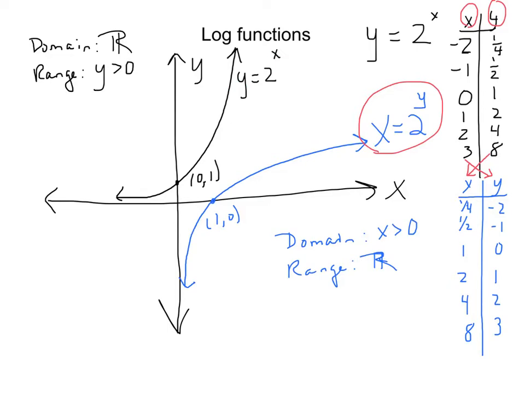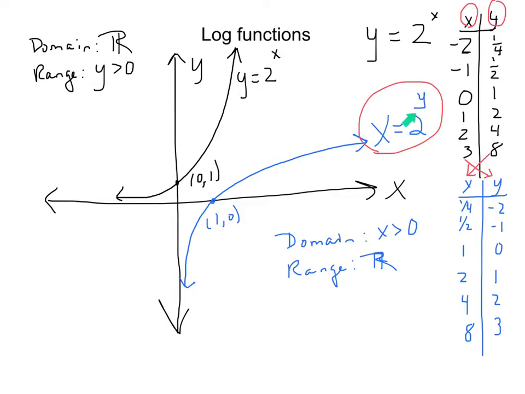What you need to be careful of, though, is that this is not in function notation. And so that's where the real problem comes in, because I can't put this in my graphing calculator to have the calculator graph it for me. In order to do that, it has to be y equals. Well, the y is in the exponent. And so this creates a whole new problem for us.